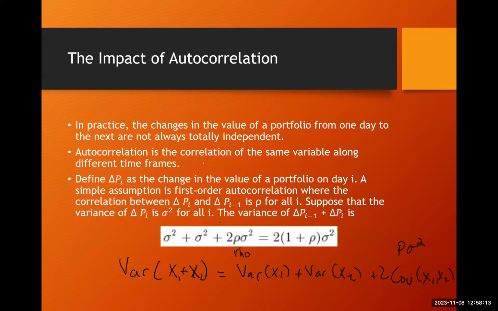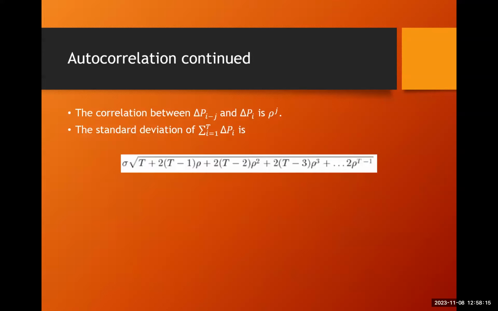So this gets applied when we want to consider looking at a t-day value at risk where the losses are correlated. If you have a loss one day, that might lead to more losses the next day, and so on. Then you'd have to use this formula to find what the standard deviation is.